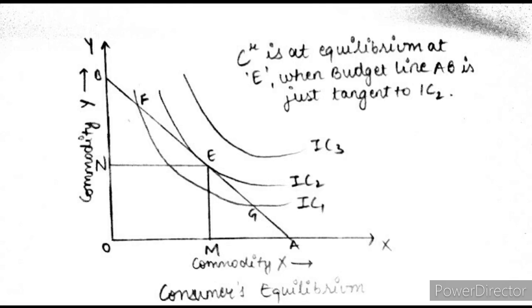That's why the equilibrium is not there. Equilibrium is the only point where the IC is tangent to the budget line. Here the slope of IC is equal to the slope of budget line and MRS XY is equal to Px upon Py. The first condition is satisfied, and secondly IC is convex, so MRS is also continuously falling, so the second condition is also satisfied. So this is the consumer's equilibrium.